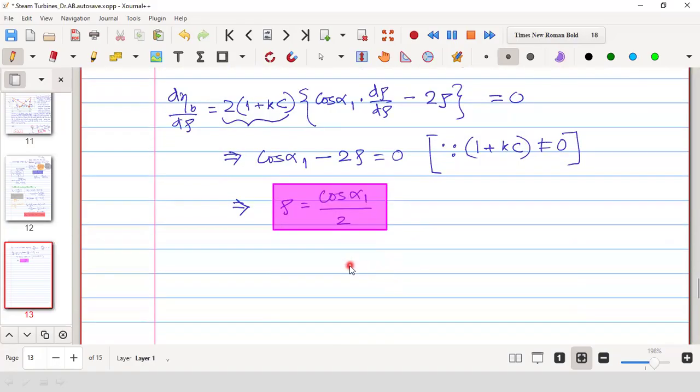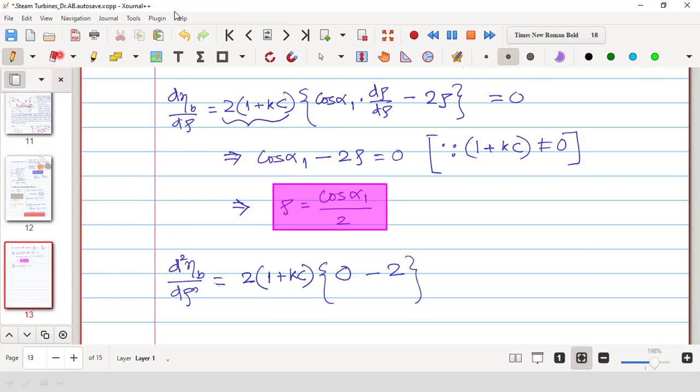So what is that? d2 eta b by d rho 2 is equal to 2 times 1 plus Kc, which will remain as it is, and within this, cos alpha is constant, so under differentiation it will be 0, and minus 2 rho will become minus 2 after differentiation.